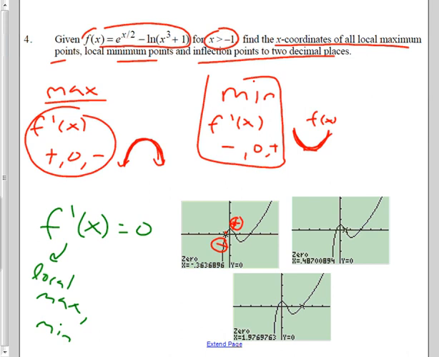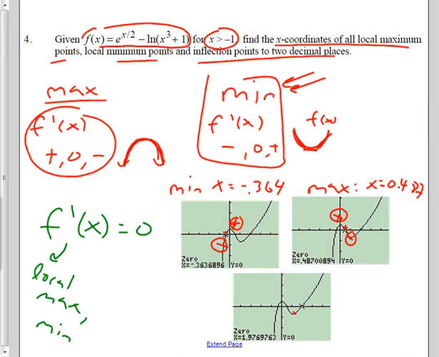So this is going to be a min. So we're going to have a min at x equals negative 0.36. Over here, we went from having a positive first derivative to a 0 to a negative first derivative. So we're going to have a max at x equals 0.487.